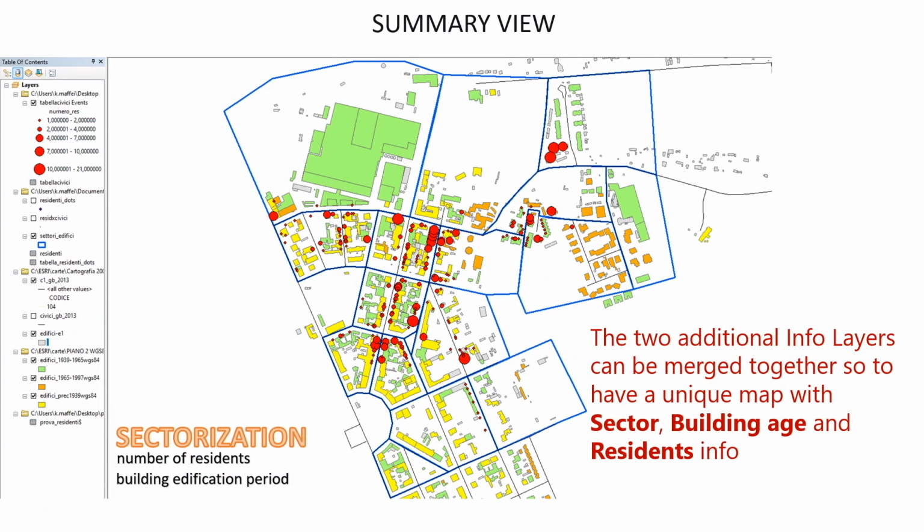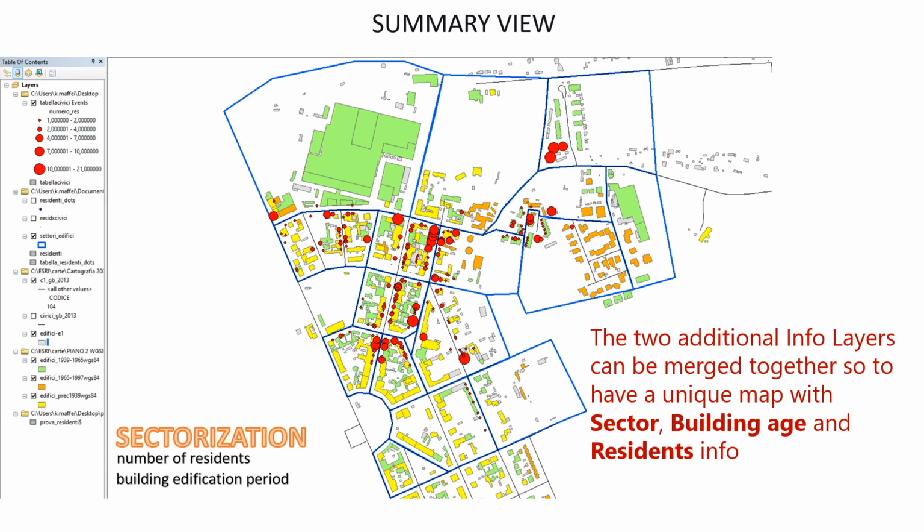Mixing the two pieces of information, what we can see is a global map with the sectors that are manually tuned around the 50 building reference number, with the number of residents and the age of buildings overimposed. So basically we have the sector, the vulnerability, and the number of people.